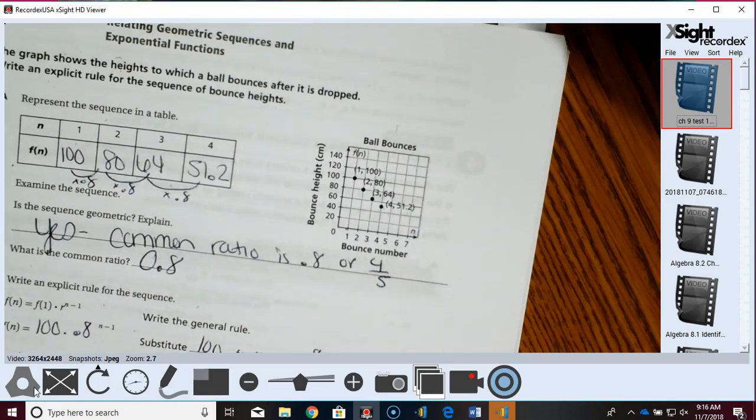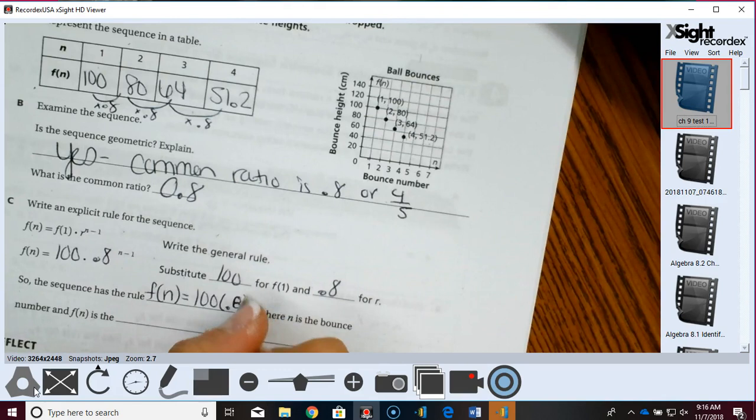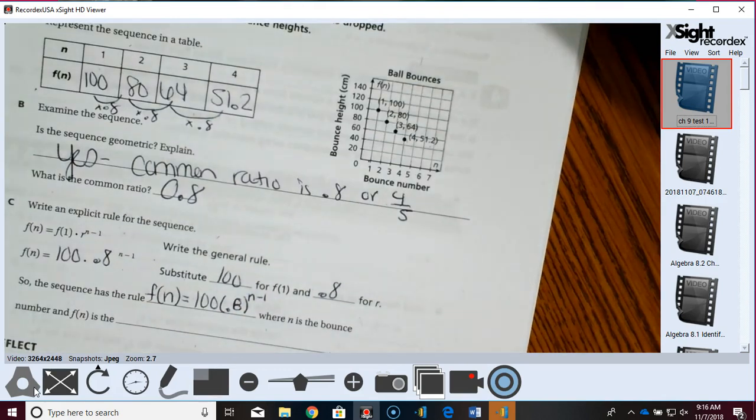So the sequence has the rule f of n equals 100 times 0.8 to the n minus 1, where n is the bounce number and f of n is the height of the bounce in centimeters.